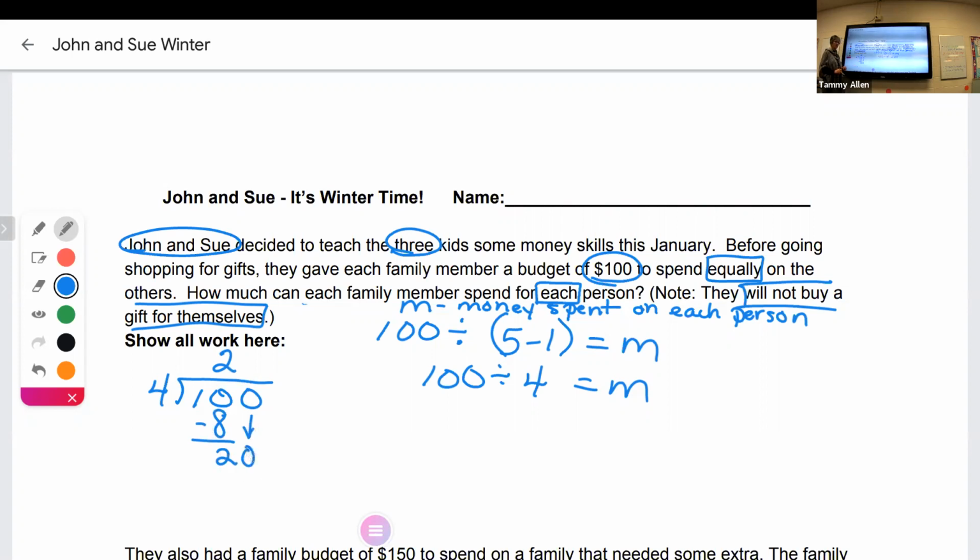Into 20? 5. So M is equal to 25. Okay? So they're going to spend $25 on each person.